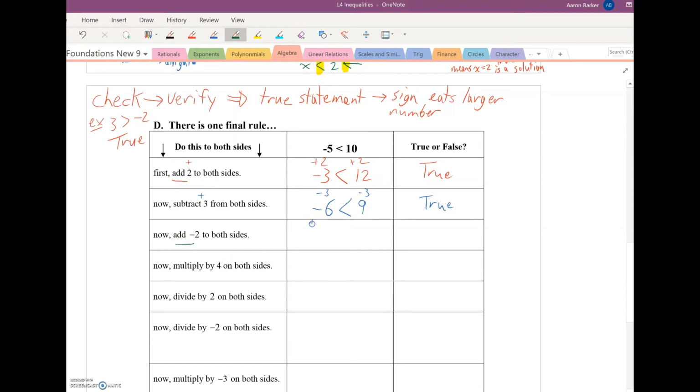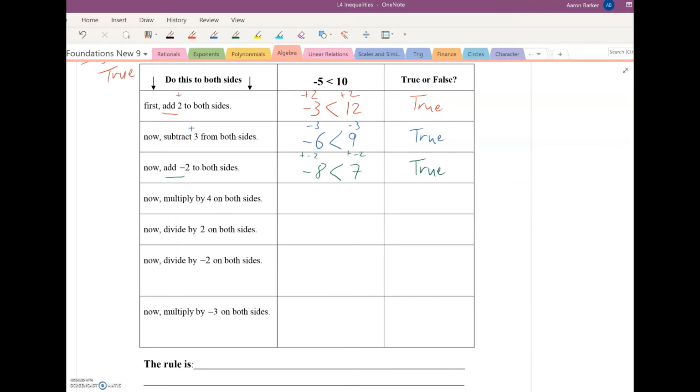We're going to go plus -2, plus -2, and so we get -8, sign stays the same, and 7. Is that a true statement? Well, we got 7, and that's a lot bigger than -8. So yes, it's still true. When we're adding a negative, no big deal. It's still true.